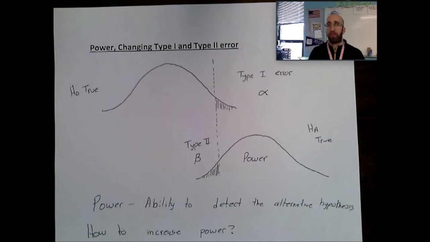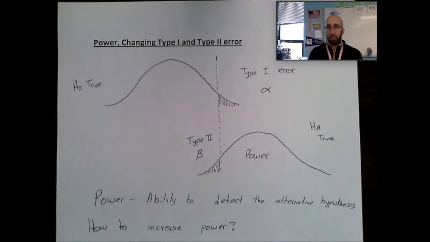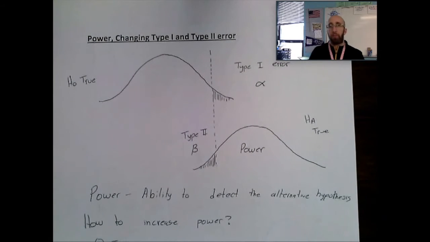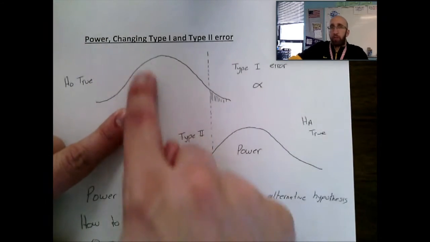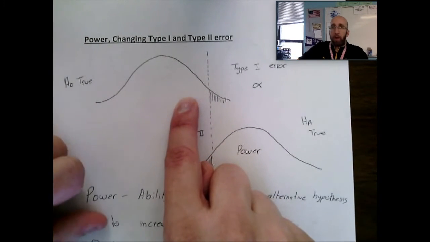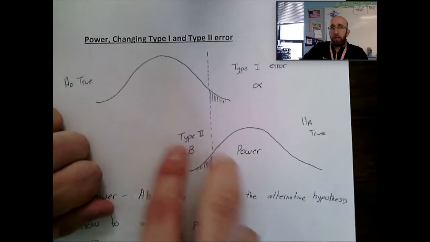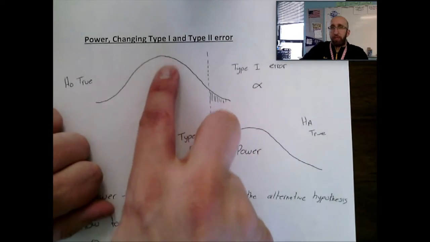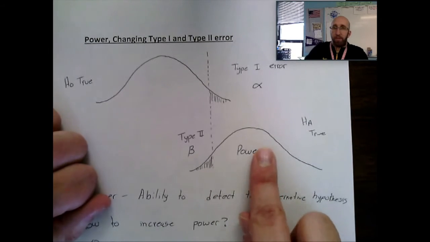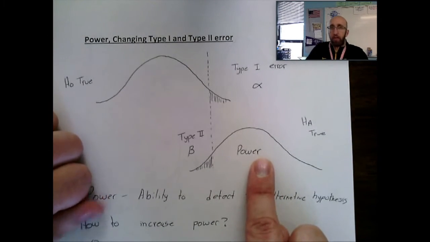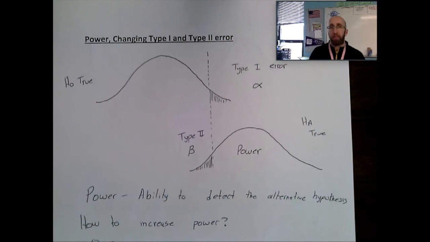Let's talk about this thing called power that I haven't really dove into yet. Power is the ability to detect the alternative hypothesis. If this is what we assume to be true, our null hypothesis, maybe our alternative, what we're trying to prove, is centered much further down here. So power is the ability to detect the alternative hypothesis.